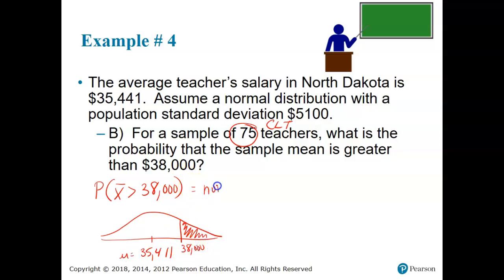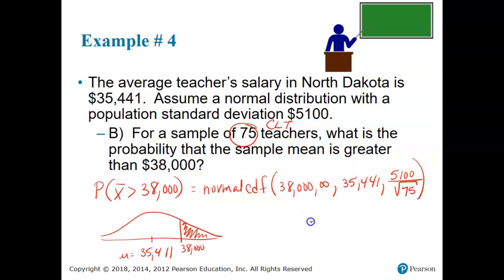So we're going to do our normal CDF because it's a probability that we're looking for. 38,000 to infinity. Our mean is 35,441, and our standard deviation is 5,100 divided by the square root of our sample size. So that's going to be the square root of 75. So that is 0.00006956. So on occasion, you may see this reported as 0 plus.